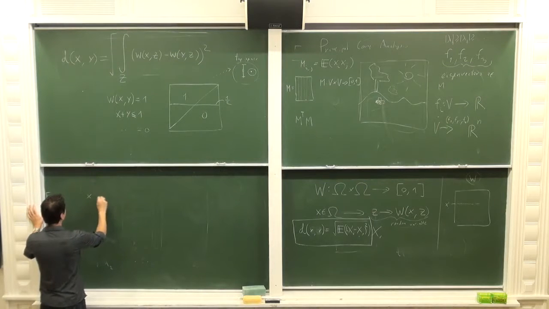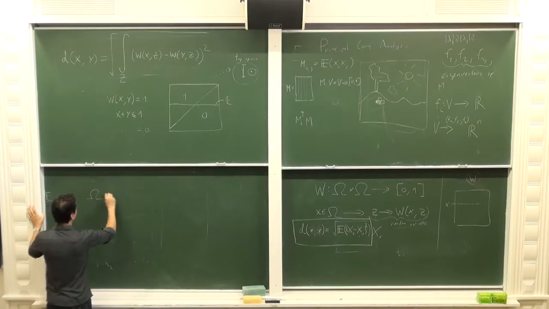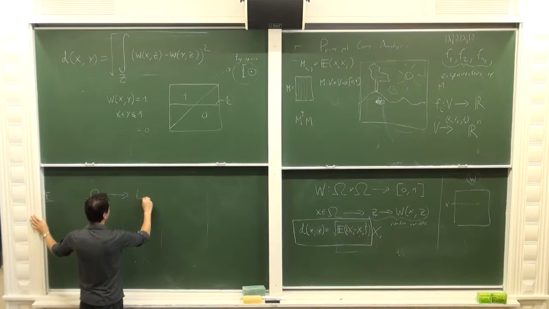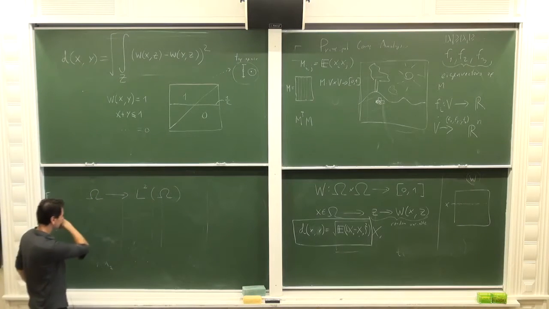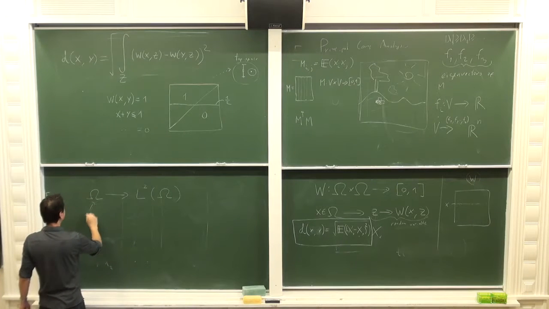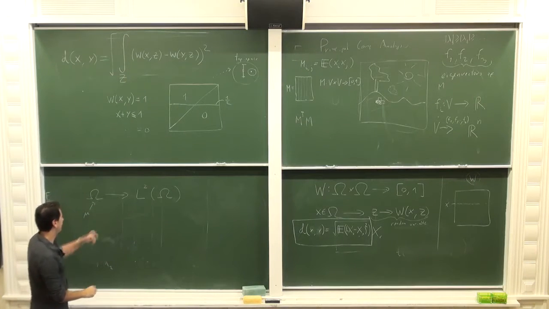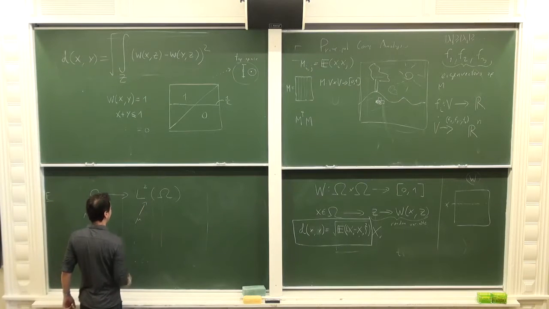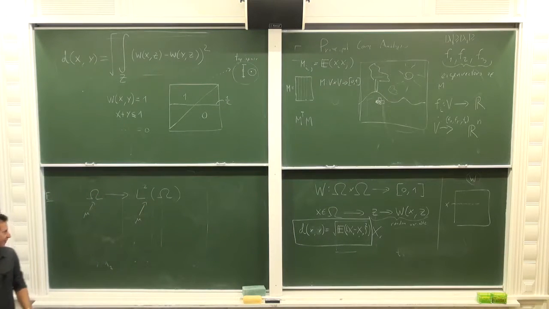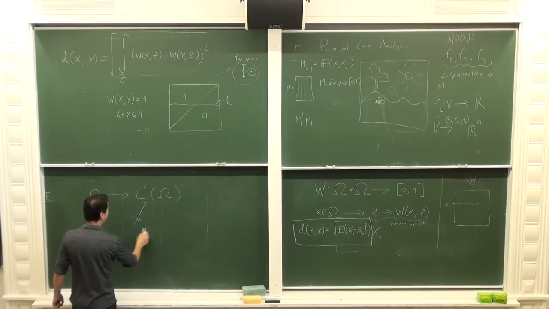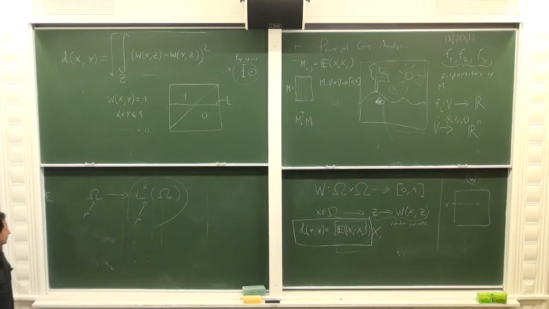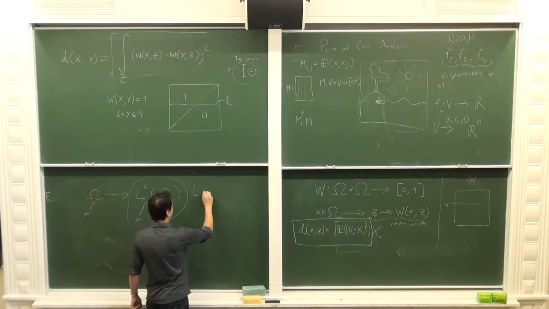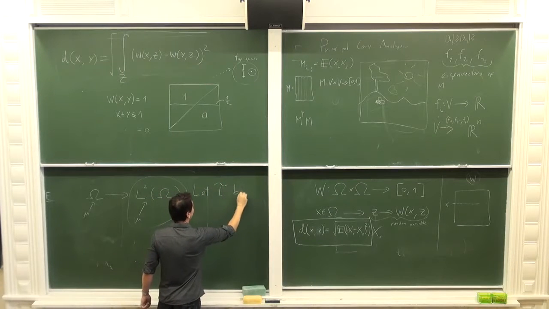So we have this map omega to L2 of omega, say. And since we have a measure on omega, this map puts a measure here as well, the push forward of the measure. And then we take the support of this measure here on L2 of omega. So let T be the support.